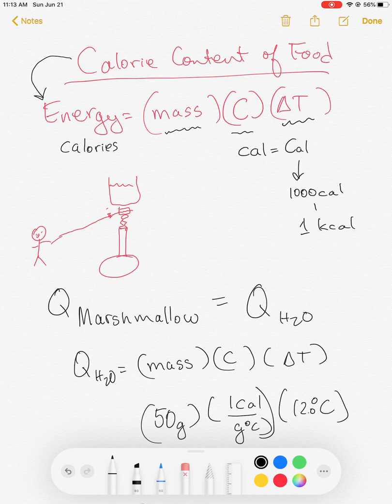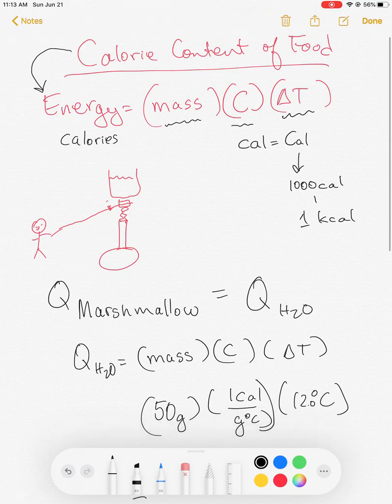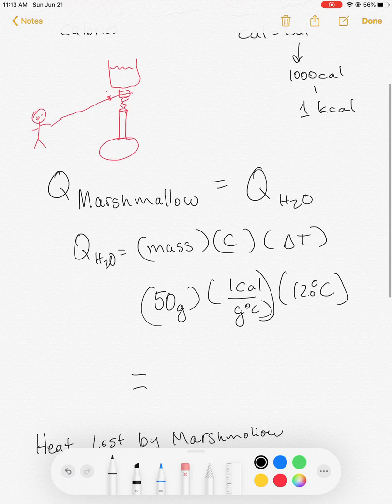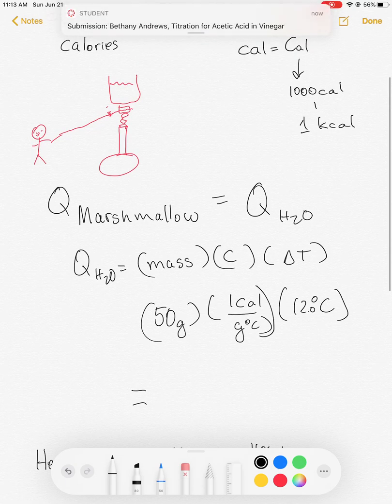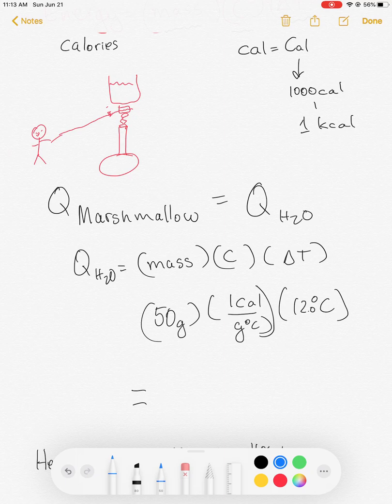So here's what we do. We don't really have a way to measure the actual temperature change of something in our body. But what we can do is we can use something called a calorimeter, and that's what you used. And I think you used a Bunsen burner for that, and you held up the little item over the flame, and instead of measuring the temperature change of the marshmallow, you measured the temperature change of the water in here, okay?